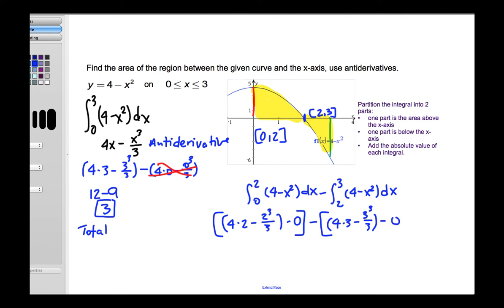And then the second guy here, whoops, not 0, but what? Now it's a 2. So it's going to be very similar to what that first integral started with. So 4 times 2 minus 2 cubed over 3.